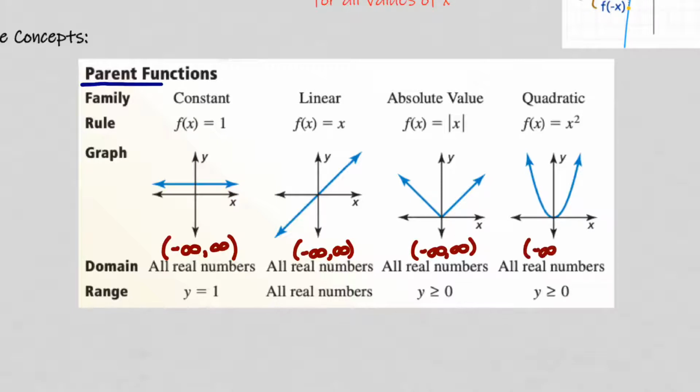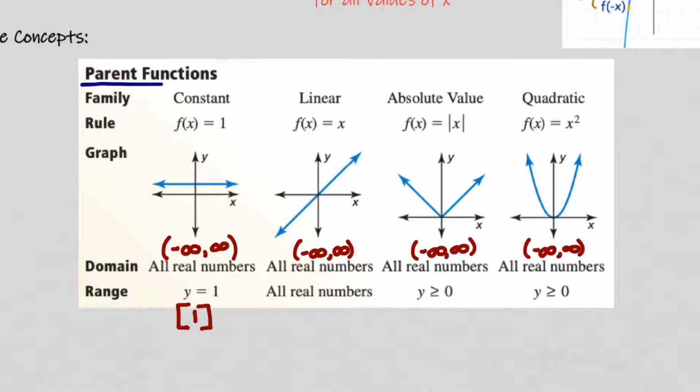Okay, the range is where things get a little different. The range of a constant, well, it's all the possible y values, and if this constant parent function is 1, y is always 1, so y equals 1, which we would write as a bracket 1. The brackets mean it exactly equals that number.